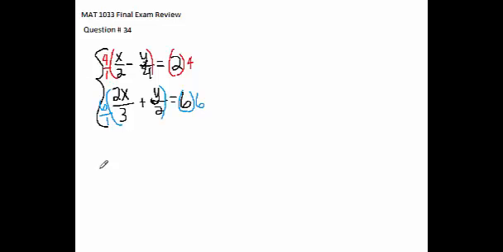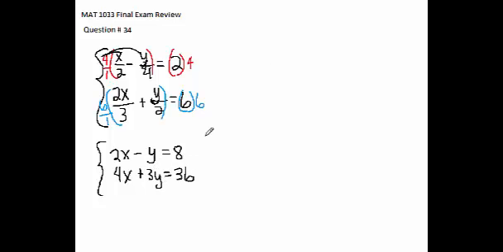Okay, so clearing the fractions, we end up with 4x over 2, or 2x, minus, distributing here, 4 cancels the 4 here, so that's minus y is equal to 4 times 2 is 8. And then for the second equation, I end up with 4x plus 3y is equal to 36.